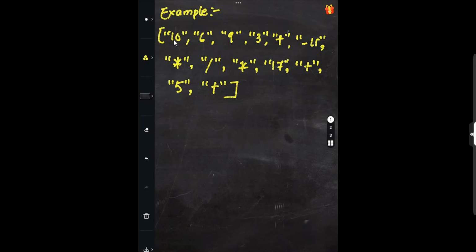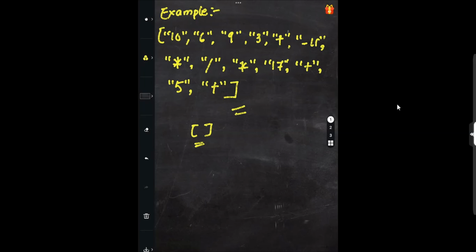Let me consider this example and go step by step. Initially we start with an empty stack, so we'll be going with the stack approach. The second step is to push the numbers until an operator appears.